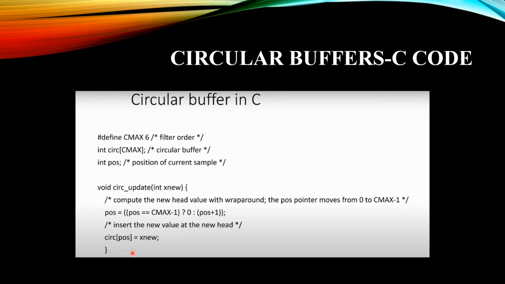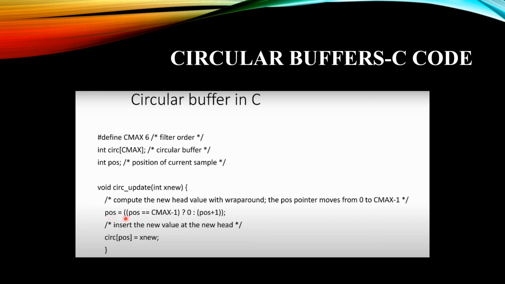Wraparound means once it reaches the fifth position of the circular buffer, again the head position should come to the first; that is the wraparound. So the position of the pointer moves from 0 to Cmax minus 1. Here they are finding out the position of the current sample.